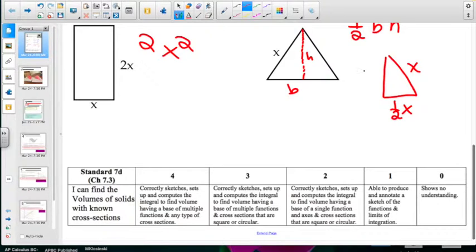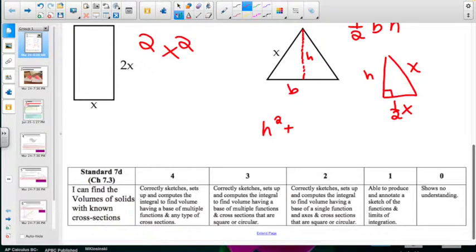So I have to find my height. I have to do some Pythagorean theorem. So what do I have in terms of Pythagorean theorem here? Which one's the hypotenuse? X. Yeah, right opposite the right angle. One of these sides here. h squared plus half x squared equals x squared.